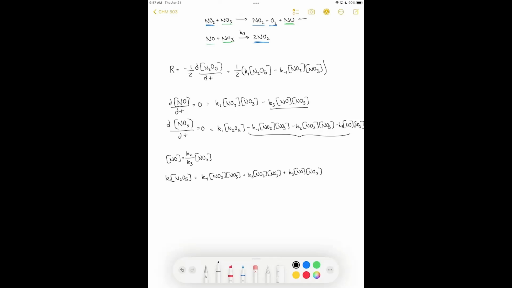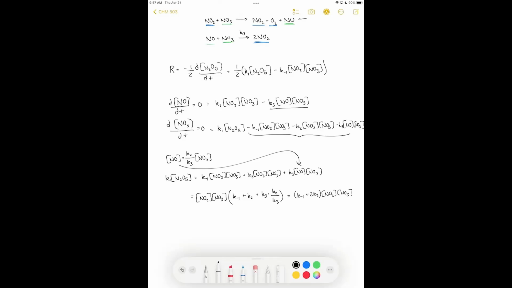But we just figured out that NO can be written in terms of NO2. So that allows us to factor out NO2 times NO3 from all of these terms. And what we have left is K minus 1 plus K2, and then plus K3 times K2 over K3, or K minus 1 plus 2K2 times the concentration of NO2 times the concentration of NO3.